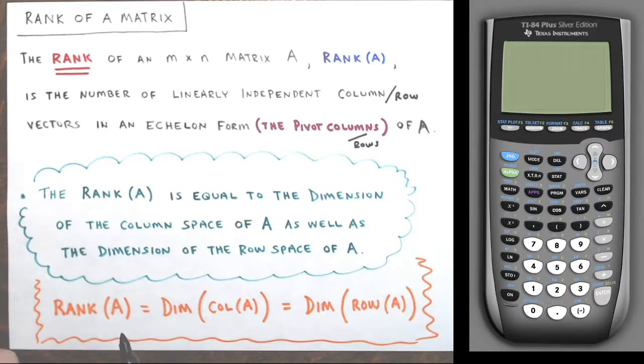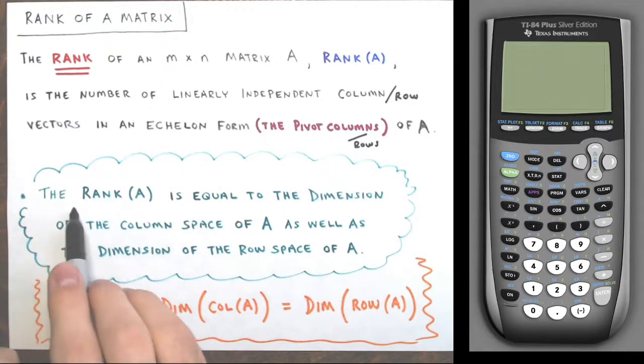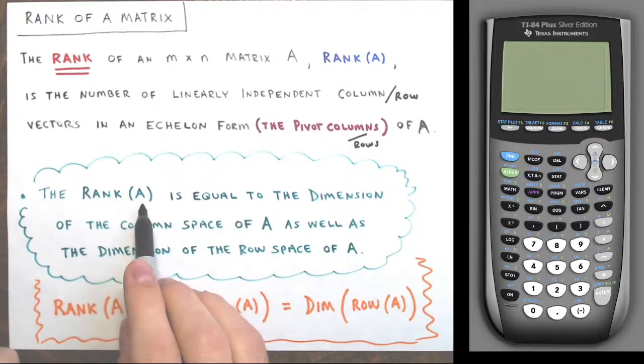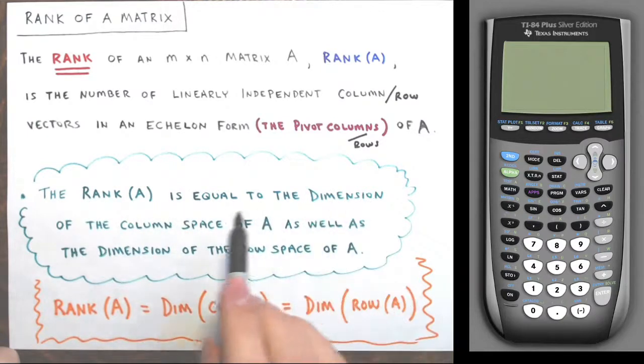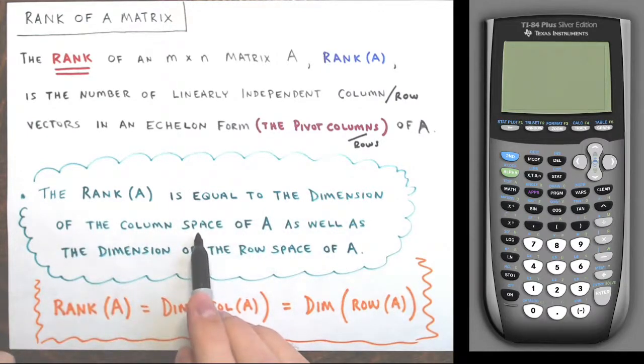Alright, another way to define the rank, and what we're going to see in the examples in this video: the rank of a matrix A is equal to the dimension of the column space of A, right?